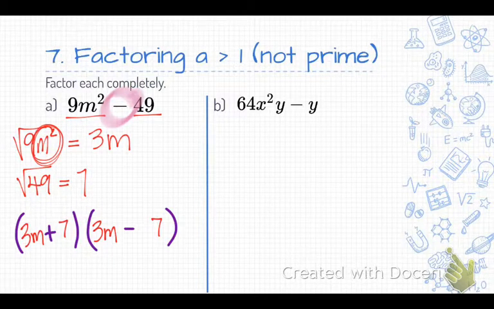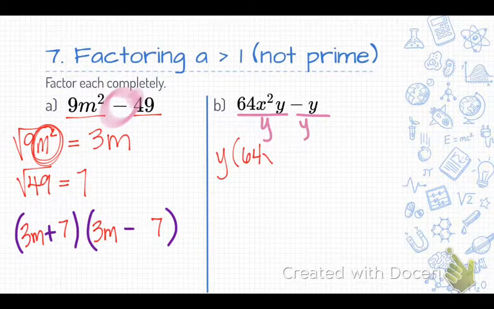Can I do one more with you? Just like it? On the second one, let's focus again. Then, if that was confusing, we'll watch the second one. I have a GCF. What is it? Y. It's y. So that means I have y times 64x squared minus 1. Yes, because y divided by y is 1.